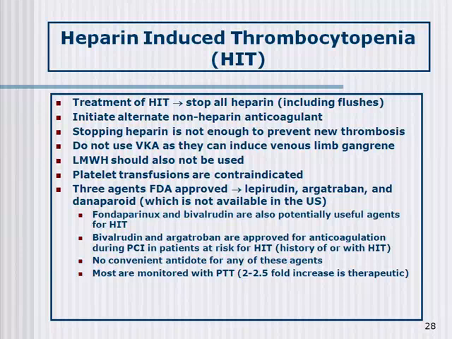There isn't a great deal of evidence to guide our choices for dealing with direct thrombin inhibitor-induced major hemorrhage. Although we do monitor these drugs using partial thromboplastin times. Generally, a 2 to 2.5-fold increase is considered therapeutic when we use these drugs.